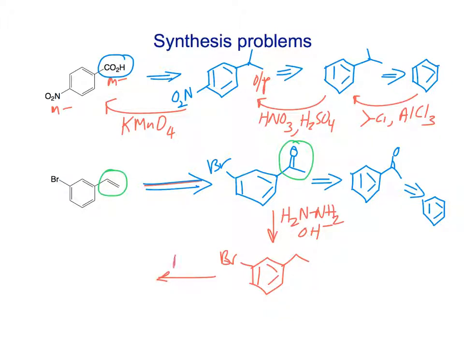So let's say NBS and heat. That is going to do a benzylic bromination. Oh, wrong position. Here.